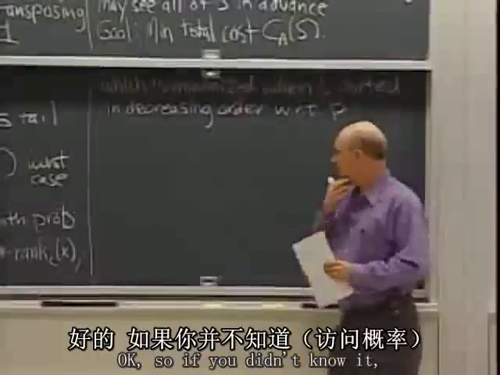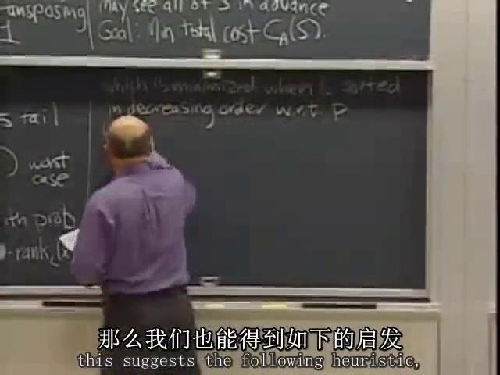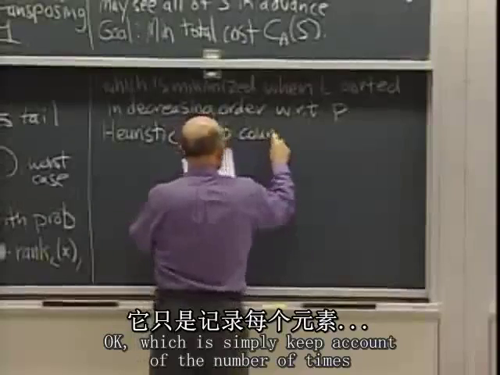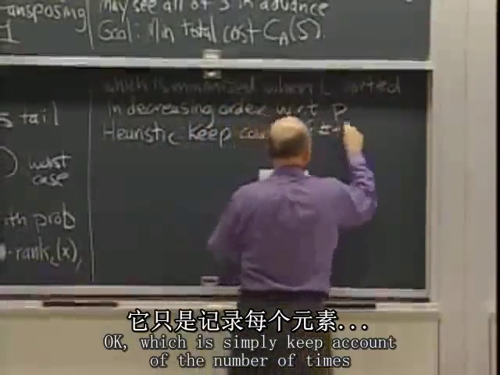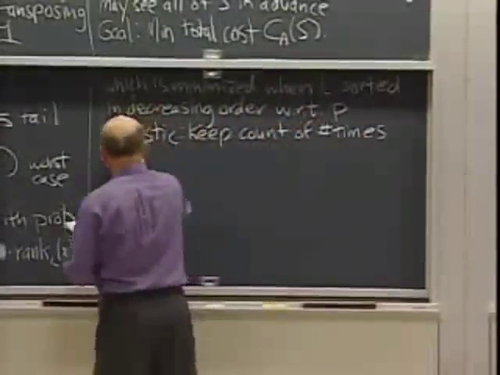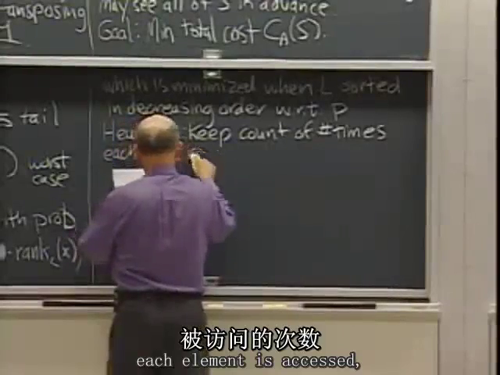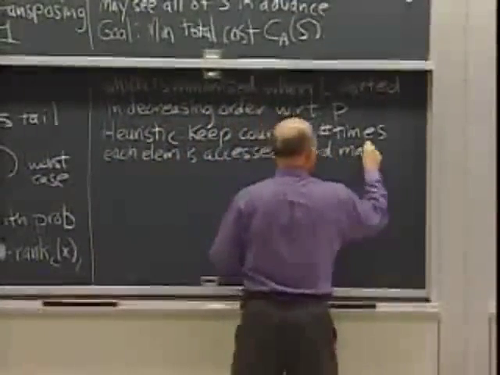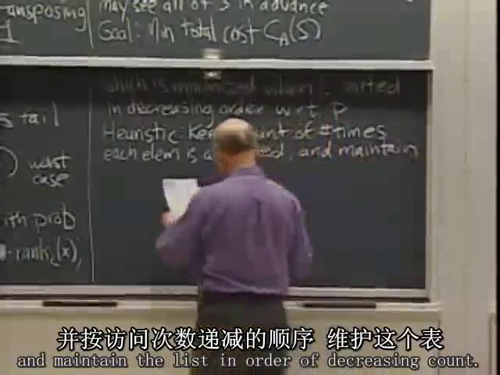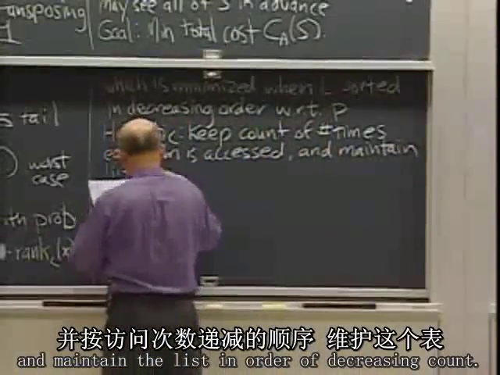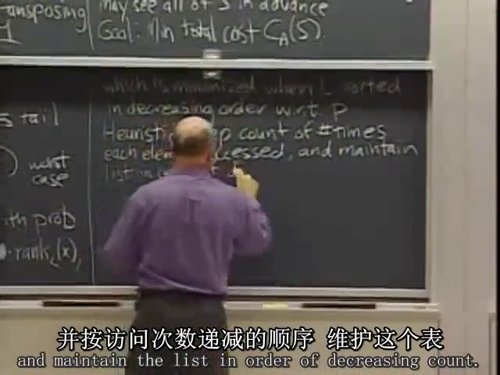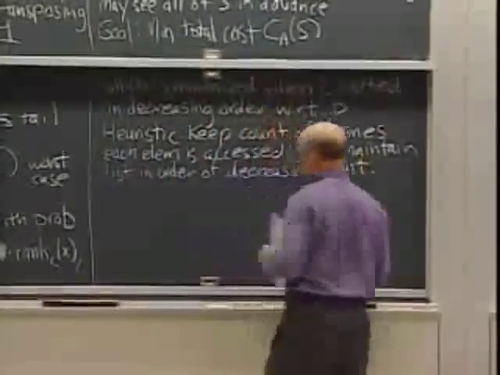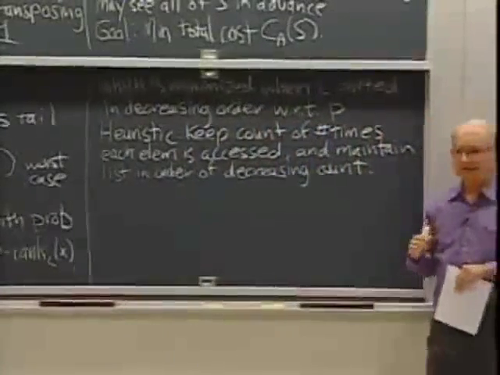If you didn't know the distribution, this suggests the following heuristic: keep a count of the number of times each element is accessed and maintain the list in order of decreasing count. Whenever something is accessed, increment its count.